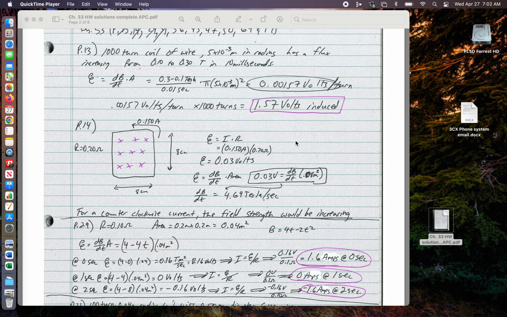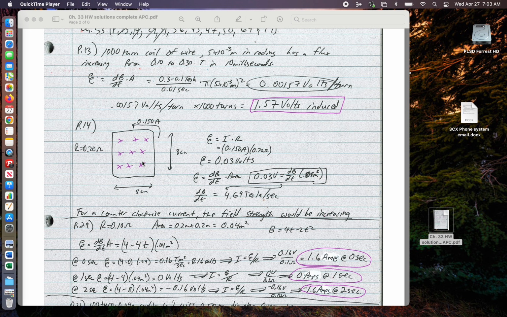For number 14, you've got a loop. There's current going counterclockwise. It's an 8 centimeter by 8 centimeter loop with a resistance of 0.2 ohms, and it's asking you to find whether the field strength is increasing or decreasing and at what rate. If I have a counterclockwise induced current, the induced field would be pointing out of the page, so that would oppose an increase in the flux into the page.